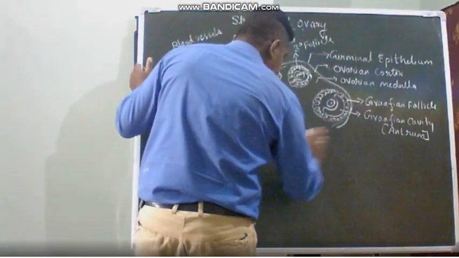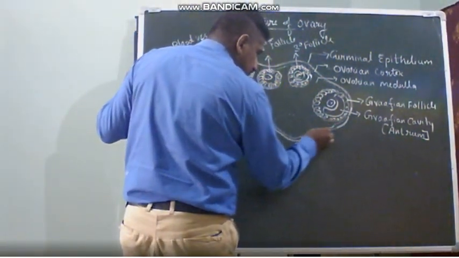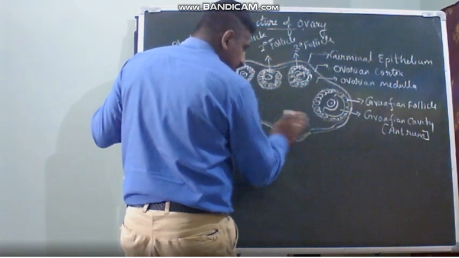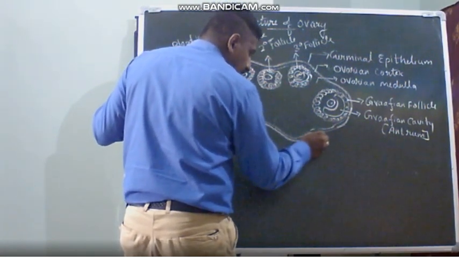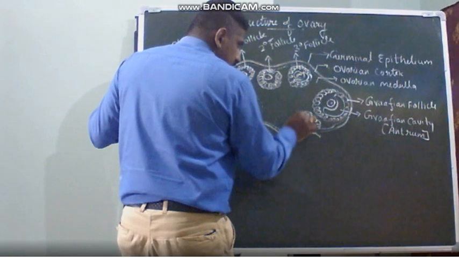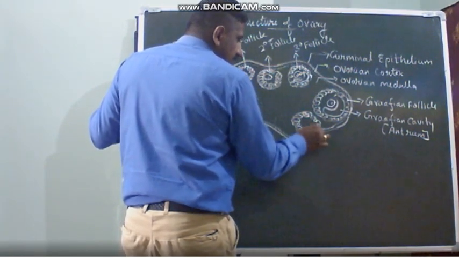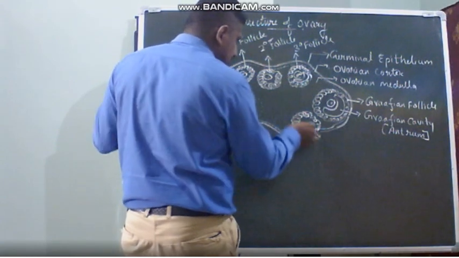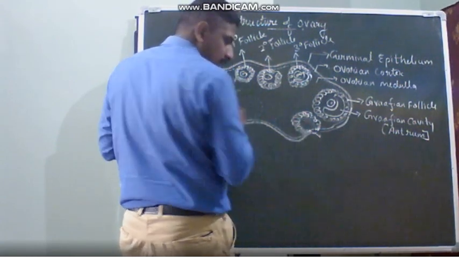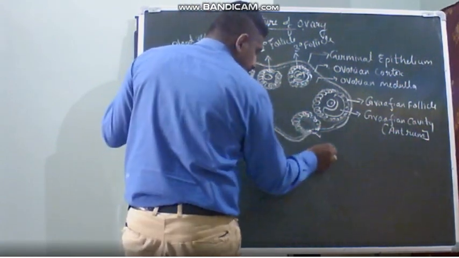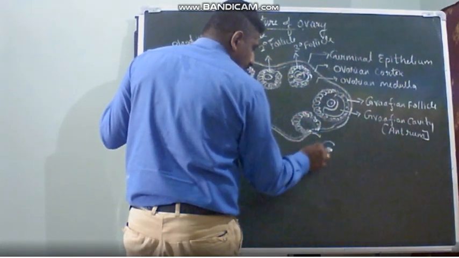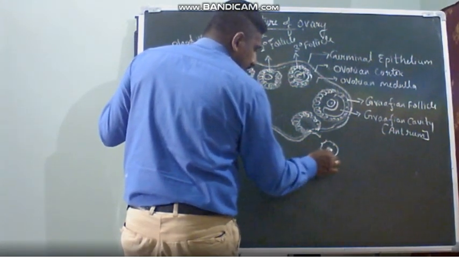Now here we'll be having another group of structures. What are these structures? I'll just make a small point here. So the Graafian follicle is enclosing some cells, right? This will get ruptured. As a result of the rupture, what will they be releasing? They will release the ovum or the ootid.